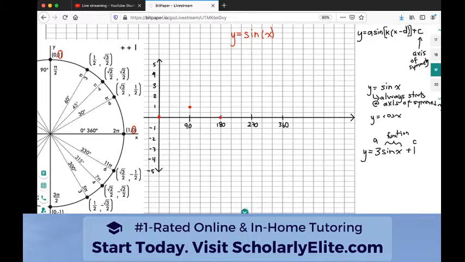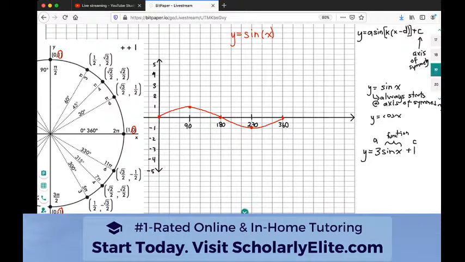I just don't want to mess everything up here. The sine of 270 is negative 1. And the sine of 360 is 0 again. So this is a full period of this function, meaning it started at 0, went all through the function, and came back to its starting point.